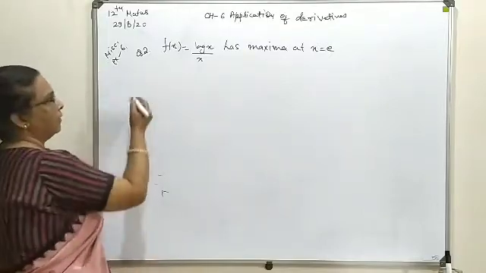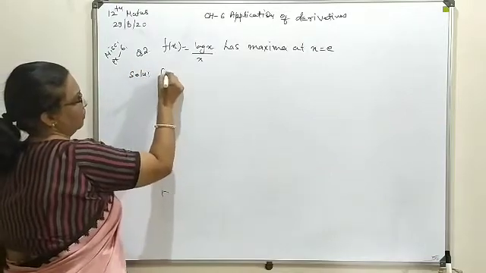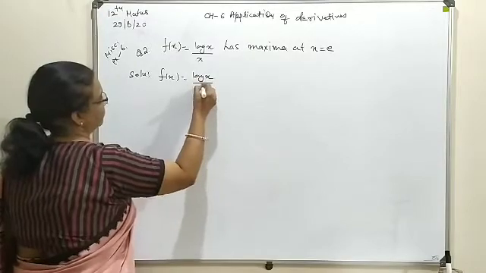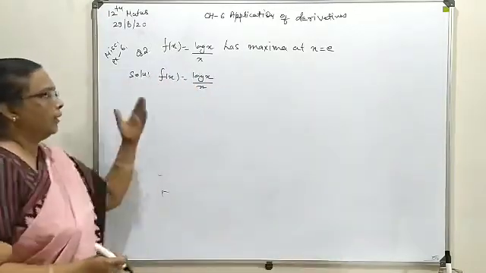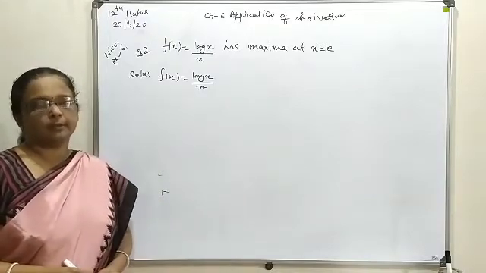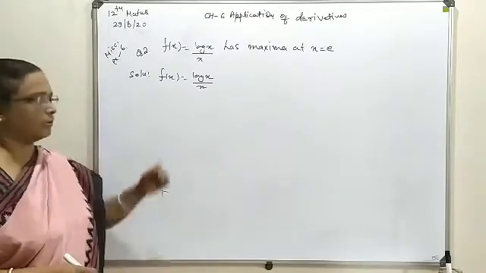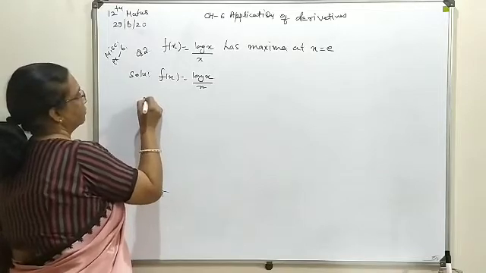So let's start. The given function is log x upon x. Numerator and denominator both carry the variable, so here you will implement the f by g form for writing its first derivative. Differentiate with respect to x.